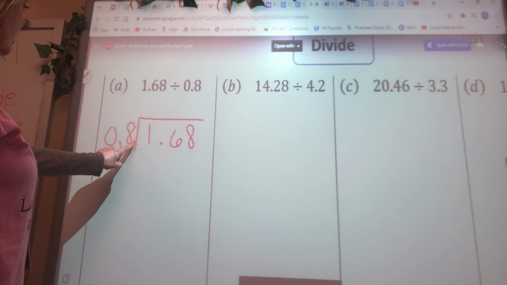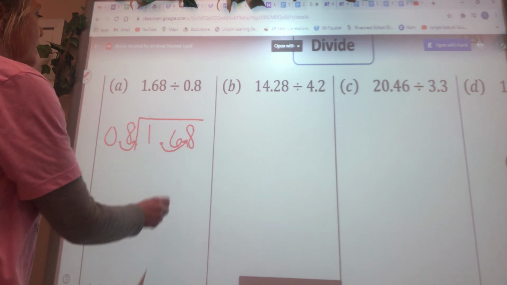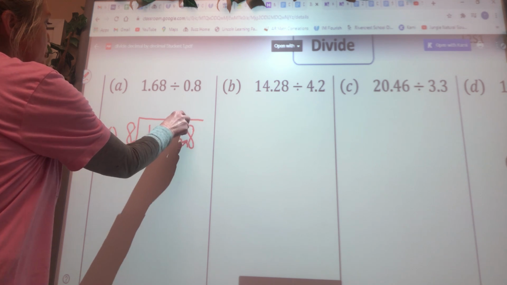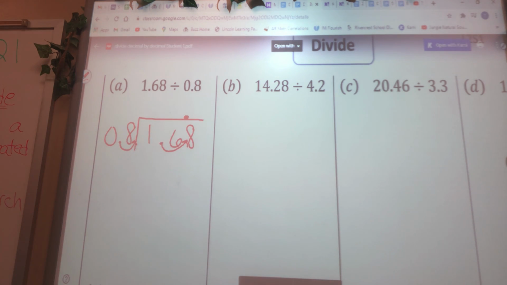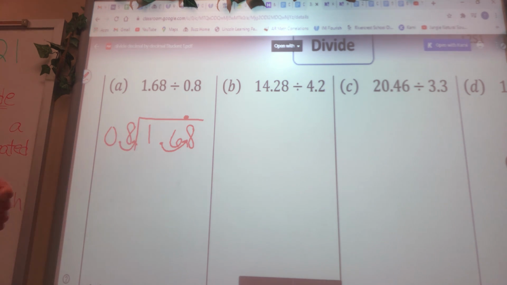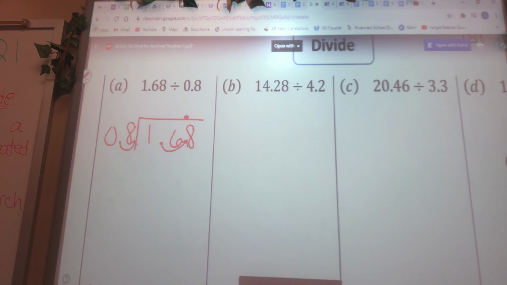So I did only one jump, so I would do one jump. And then always go straight up and put your decimal in before you forget. Since we did this one by one multiple of 10, or one hop, we also have to do the dividend one hop. And then we just divide like we always do.